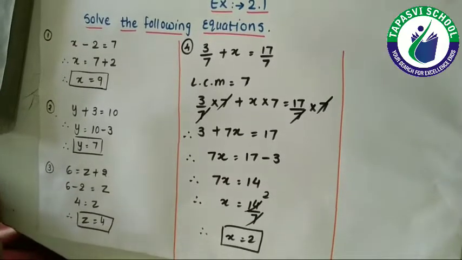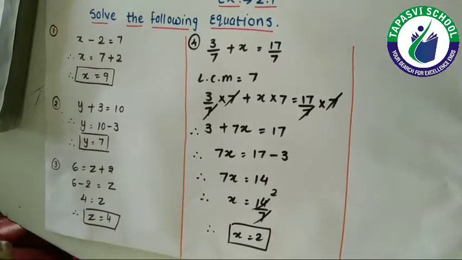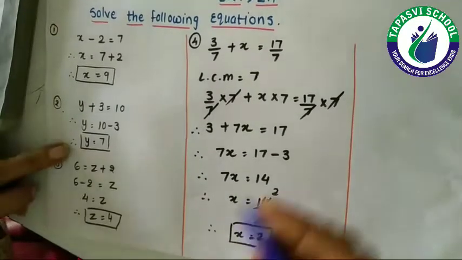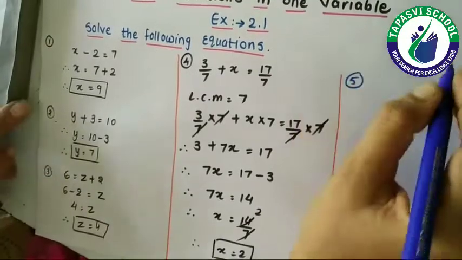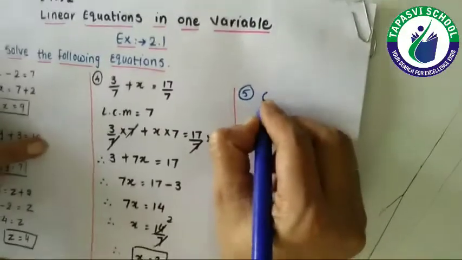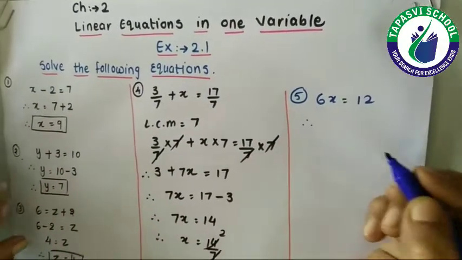Now our question number 5. It is given in the question 6x is equals to 12. This is a very simple sum, students.